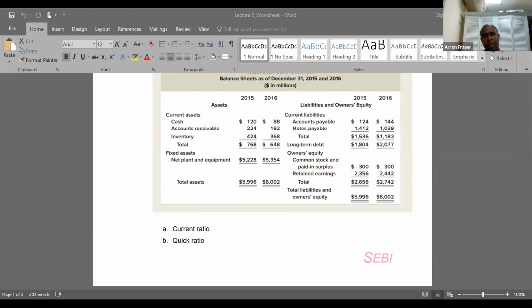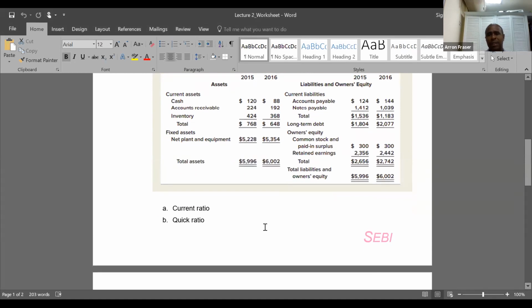So for every dollar of current liabilities, you have 7 cents of cash. Again, I remind you, these are just the initial analysis. You dig deeper before you can conclusively say whether or not the ratio signals bad things or if it's acceptable in this particular context.